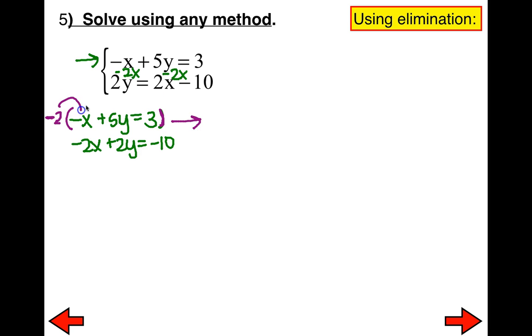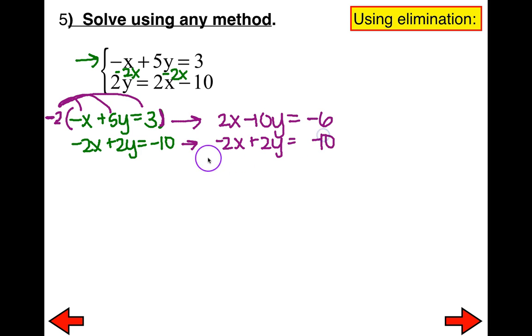So now my new equation is going to be a positive 2x minus 10y equals a negative 6. Now this first equation is going to remain the same, so we have a negative 2x plus 2y equals negative 10. So the x's cancel each other out, leaving me with negative 8y equals negative 16.